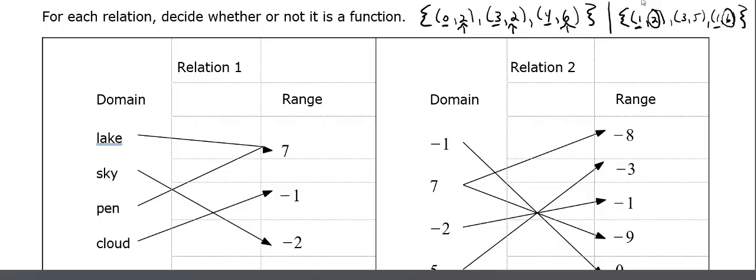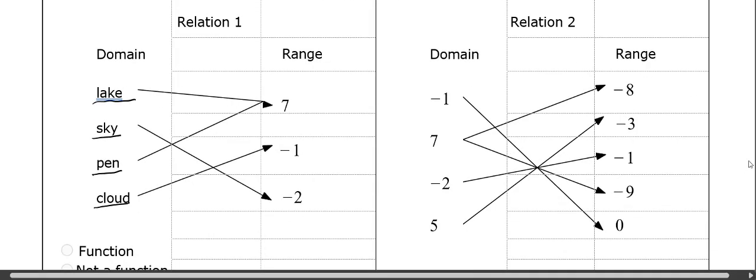So when we're looking at these diagrams, we're making sure that the domain is only paired with a single range element. So in this case, the first relation, lake only has one line going from it. So does sky, so does pen, and so does cloud. So in this case, this would be a function.